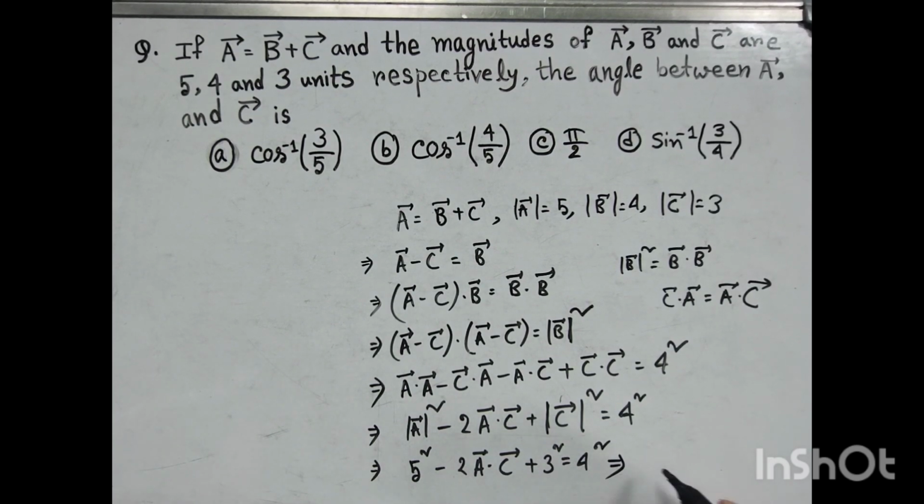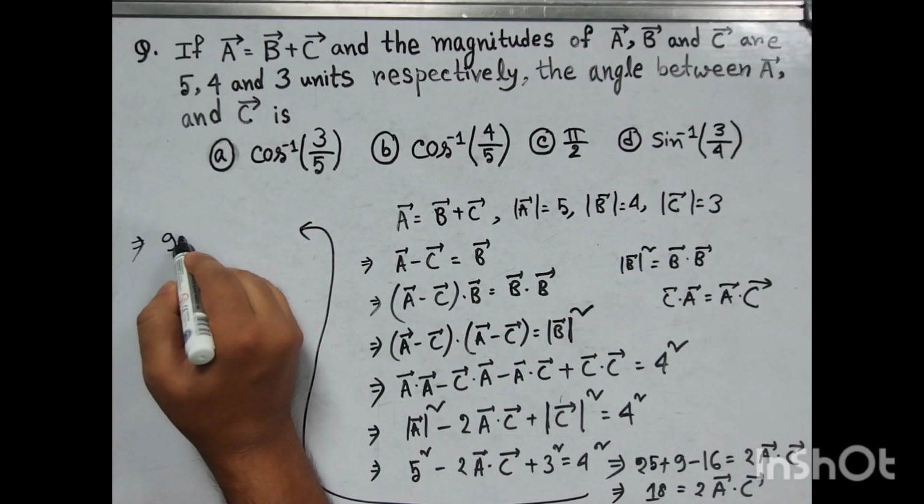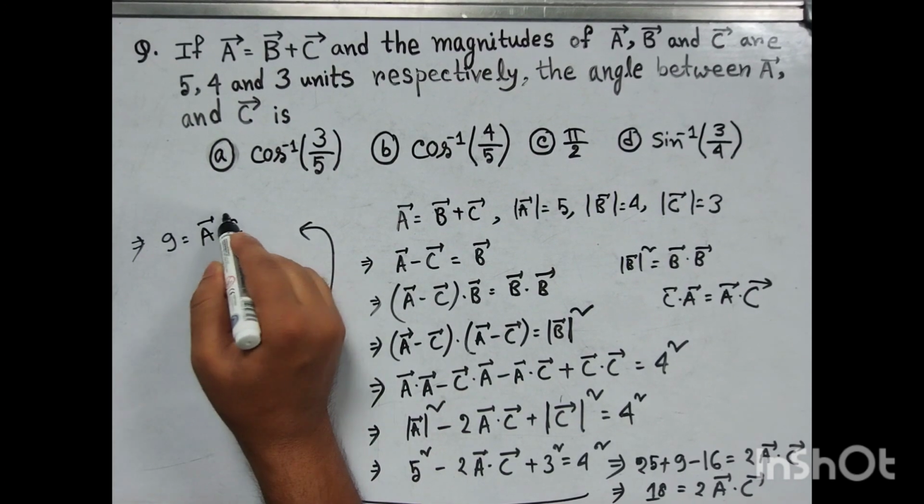So if I bring 2 a vector dot c vector to the right side, it will be 5 square means 25 plus 3 square means 9 minus 4 square is 16 equal to 2 into a vector dot c vector. So this will be 18 equal to 2 into a vector dot c vector. Okay, so this will be 9 equal to a vector dot c vector.